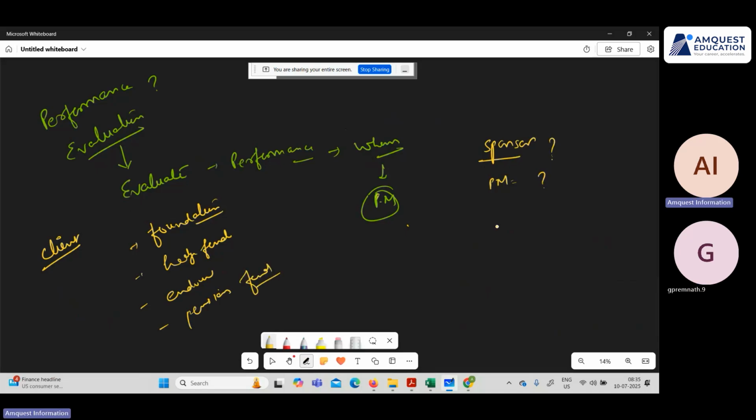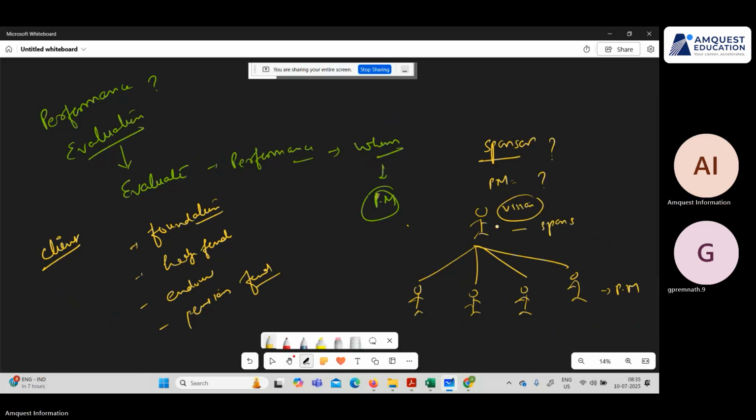In a way, one person has a vision, and then he hires people to work under him. They are the portfolio managers, and he could be the sponsor. When he has a vision, he will have a view on where to invest, but where exactly to invest in detail would be driven by the portfolio managers.